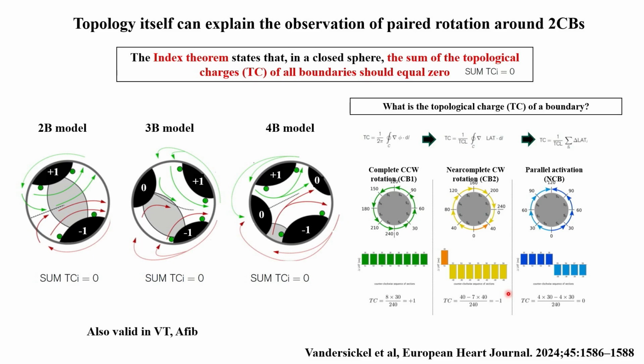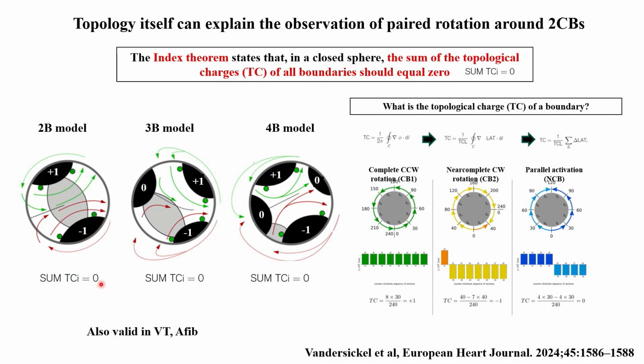But if I would have started with the mathematics, you would have said, well, what is this all about? There is a law in topology that states that the sum of topological charges of all boundaries on a closed surface equals 0. And if you look at a 2-boundary model, you will see rotation here. It's called a topological charge of +1. You have a counter rotation here.